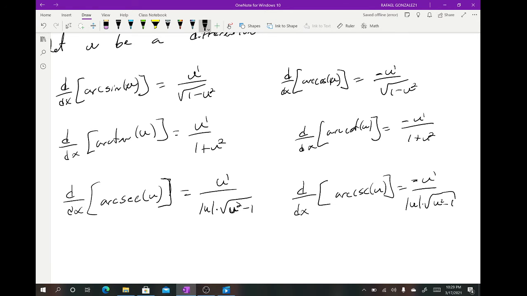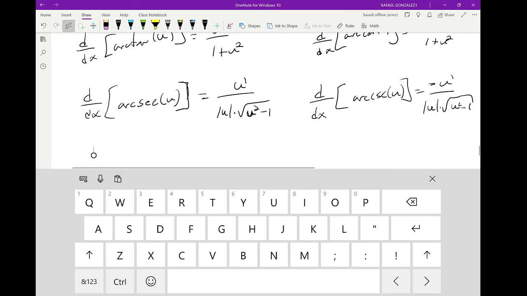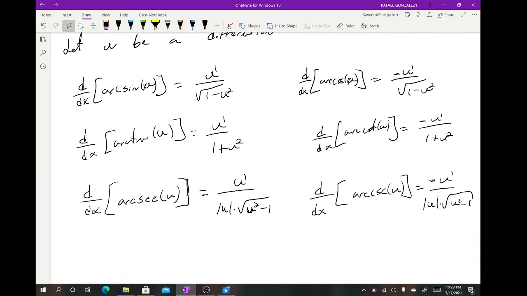So notice that the derivative of arc secant of u and arc cosecant of u are only different by a negative sign. The same thing for the arc tangent and arc cotangent and arc sine and arc cosine. They are only different by a negative sign.